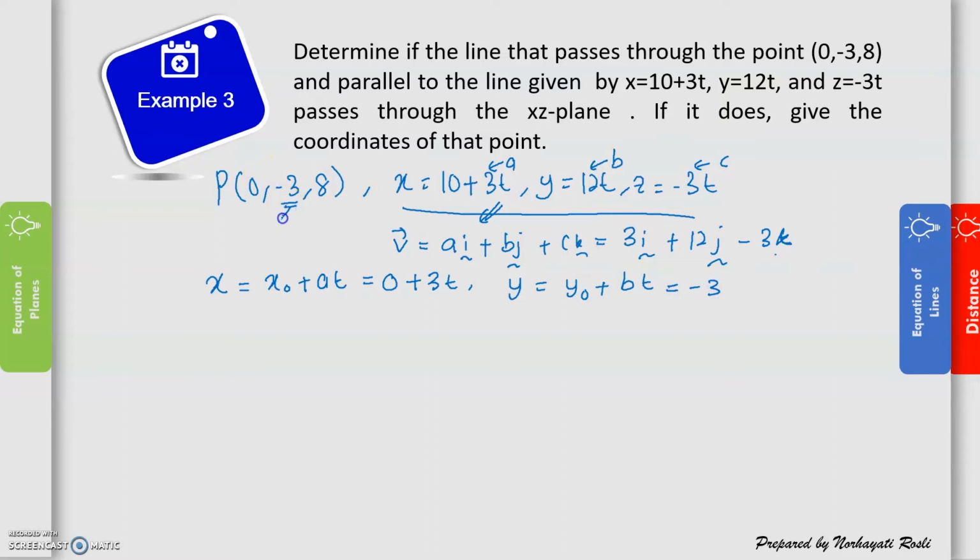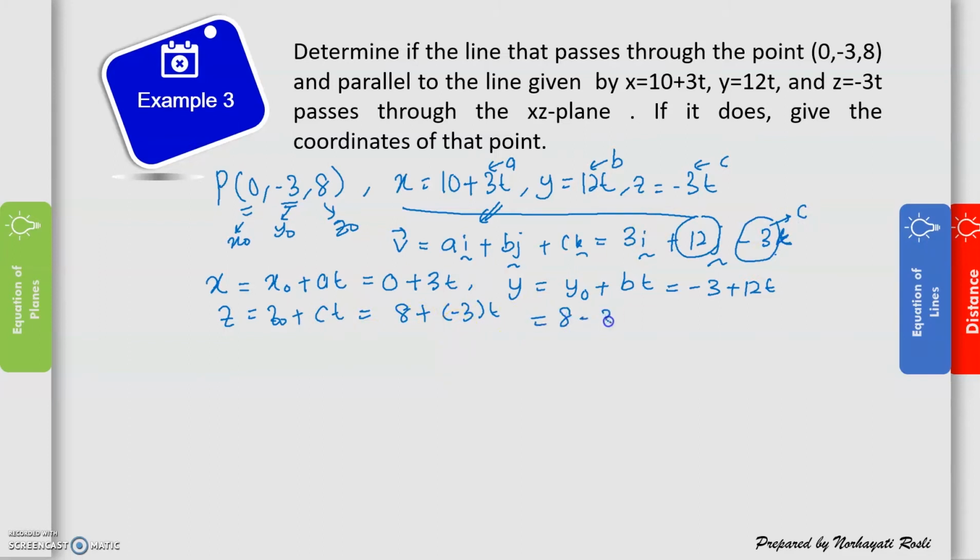This one is y naught, this one is x naught, and 8 here is z naught. So we have y = -3 + 12t, since b is 12. And then z = z naught plus ct, which is 8 plus negative 3t, where this one is our t. So negative 3 means we have 8 minus 3t.